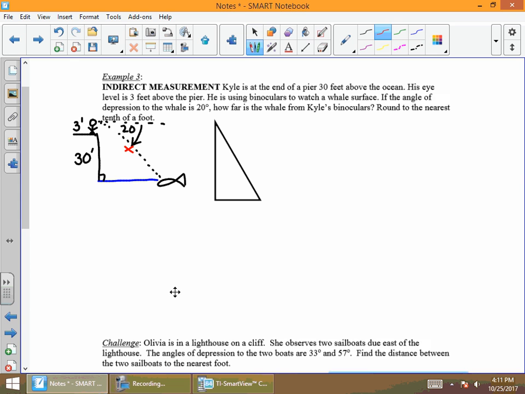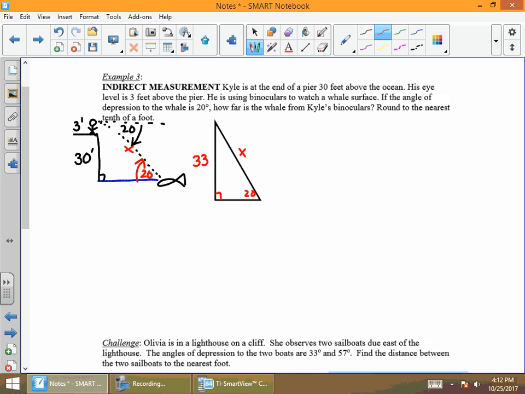So I want to find this X distance. Now I know that Kyle is standing, his eyes are 3 feet above a 30-foot pier, so this side is actually 33 feet. If the angle of depression is 20, then the angle of elevation is 20, which makes this angle down here 20 degrees.